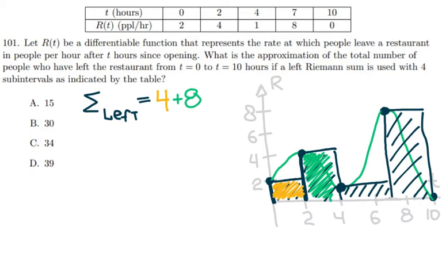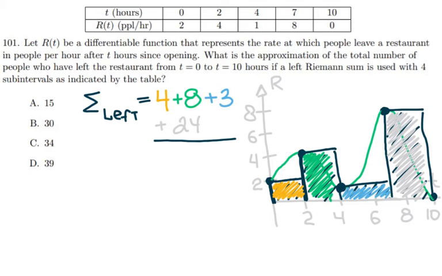The area of the next one is 1 times a base of 3, so that gives me 3. And the last one has a height of 8 and a base of 3, so that gives me 24. Now if I add all of them, I have the approximation. The left Riemann sum would be equal to 39, and the answer in this case would be D.